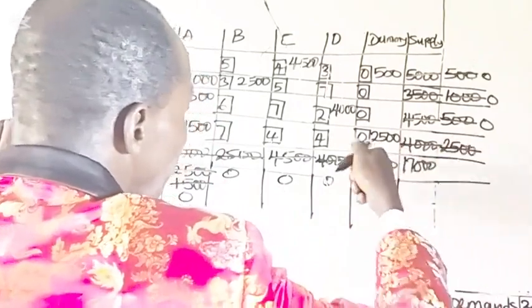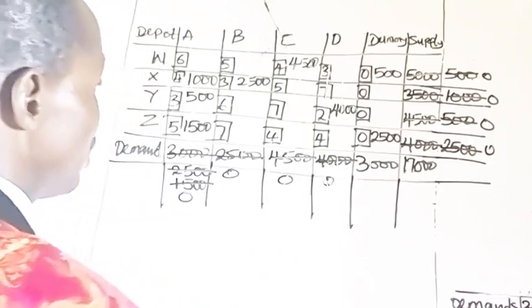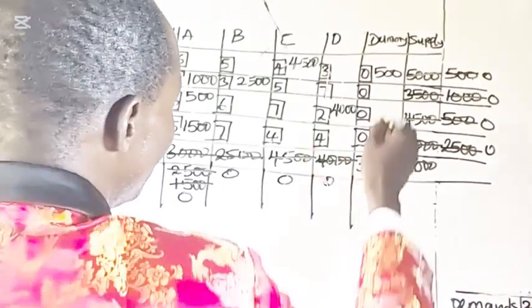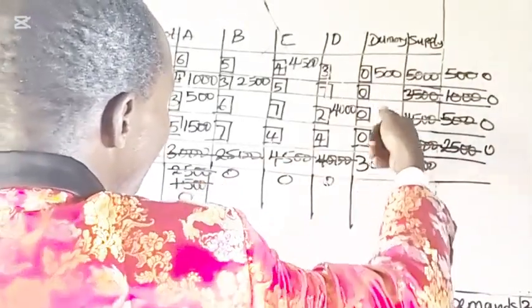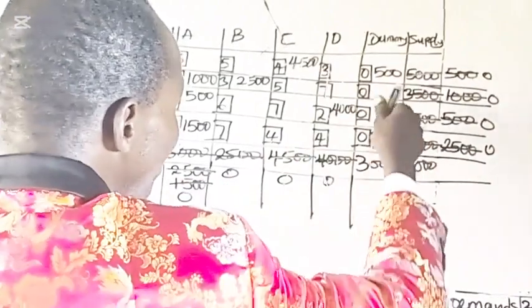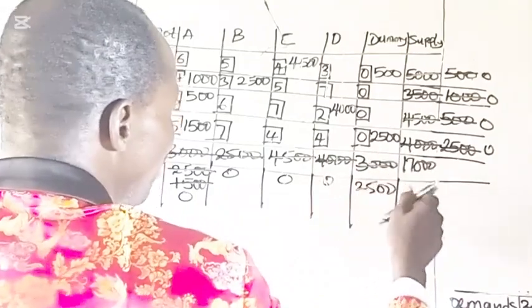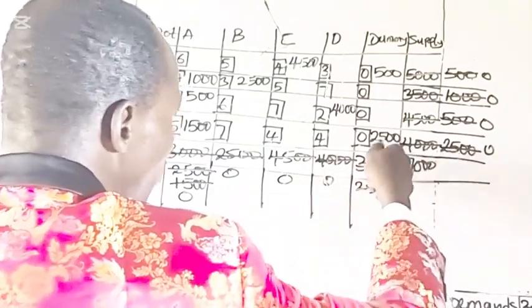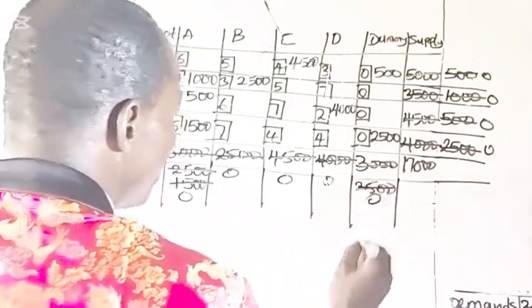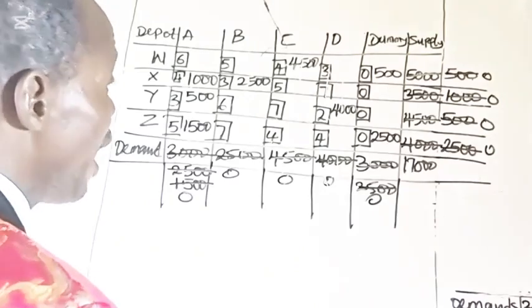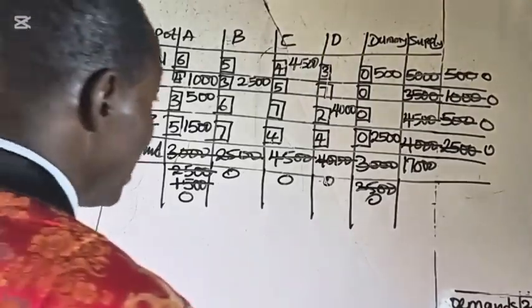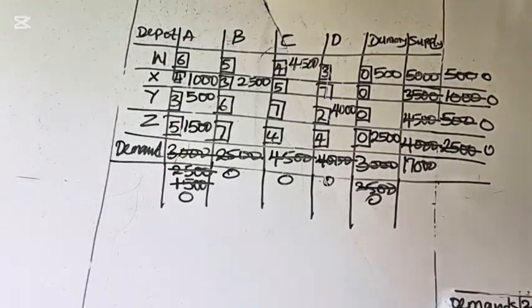When you give this to dummy, is 0. So that means, 500, when you give 500 initially to this place, you'll be left with 25. When you now give that 25 to the dummy, then it becomes 0. That means you have exhausted everything. You're done with the allocation.